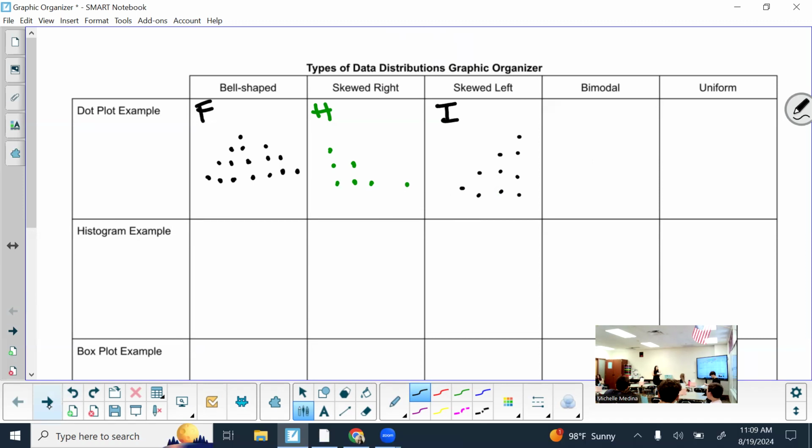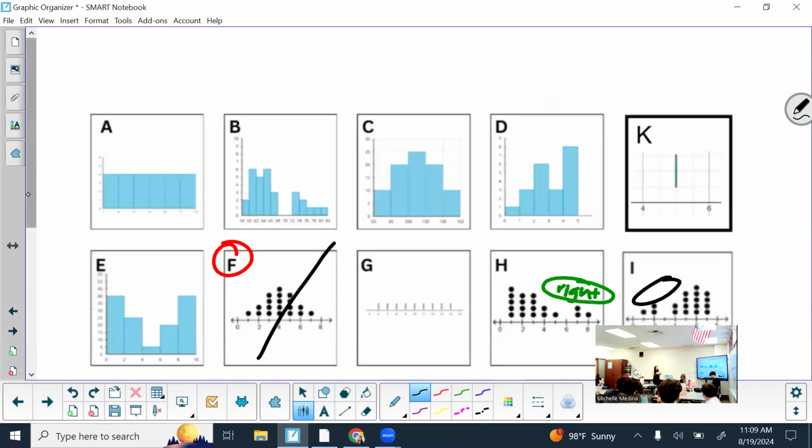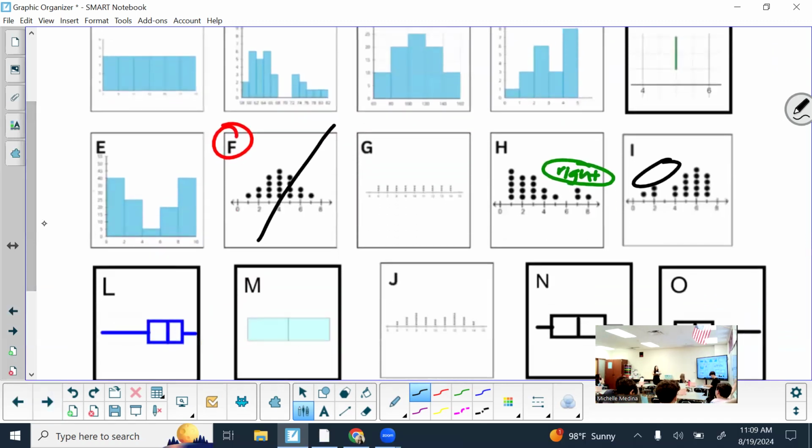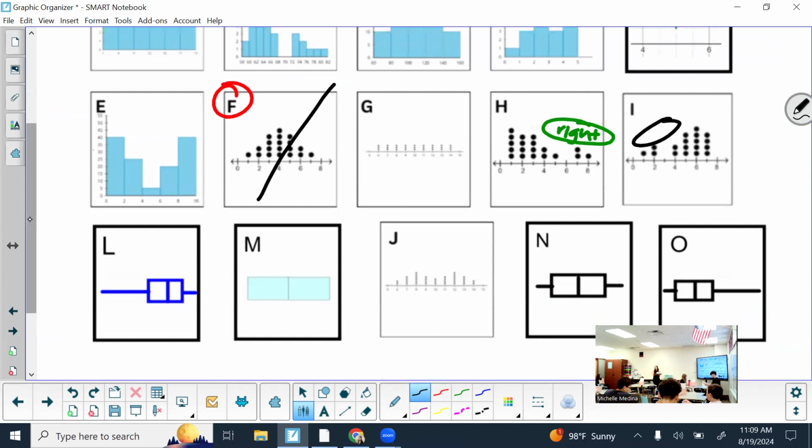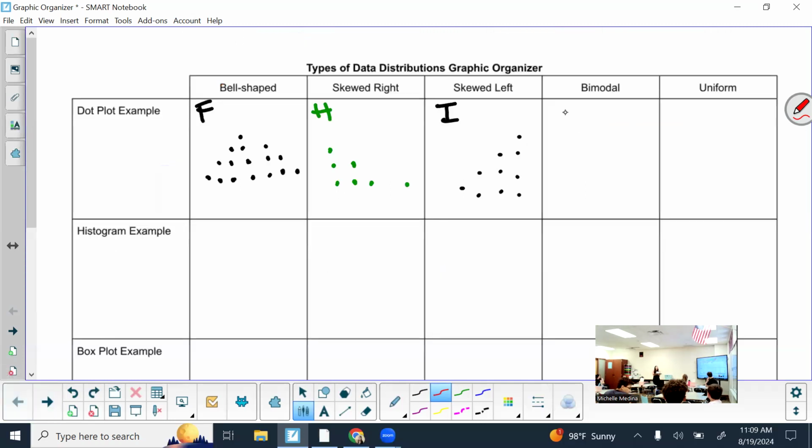Amy, which dot plot would be our bimodal? J. What does the prefix bi mean? So you should be looking for two peaks, and I have that here in J, so that is why J is our bimodal. Looking for the two peaks.